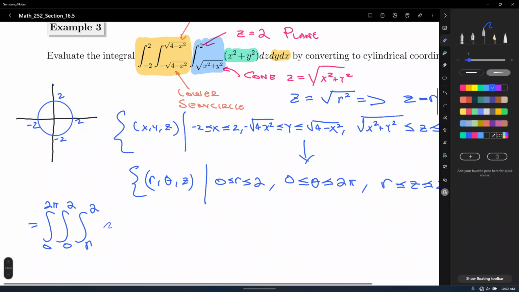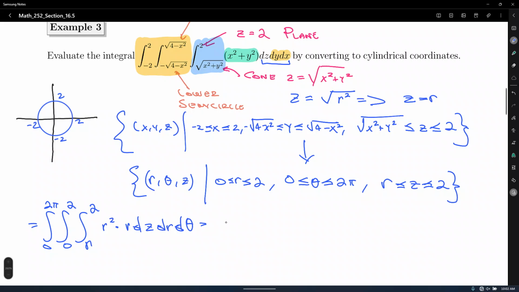So that is r squared times dz dy dx, which is another r dz dr d theta. And simplifying the integral from 0 to 2 pi, from 0 to 2, and from r to 2, that's r cubed dz dr d theta.